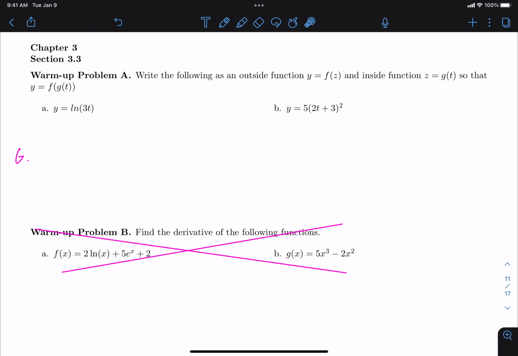So what we did here in this case was we just took 3t and used it as the input in natural log, right? When I write f of z here, all I'm saying is ln of z.